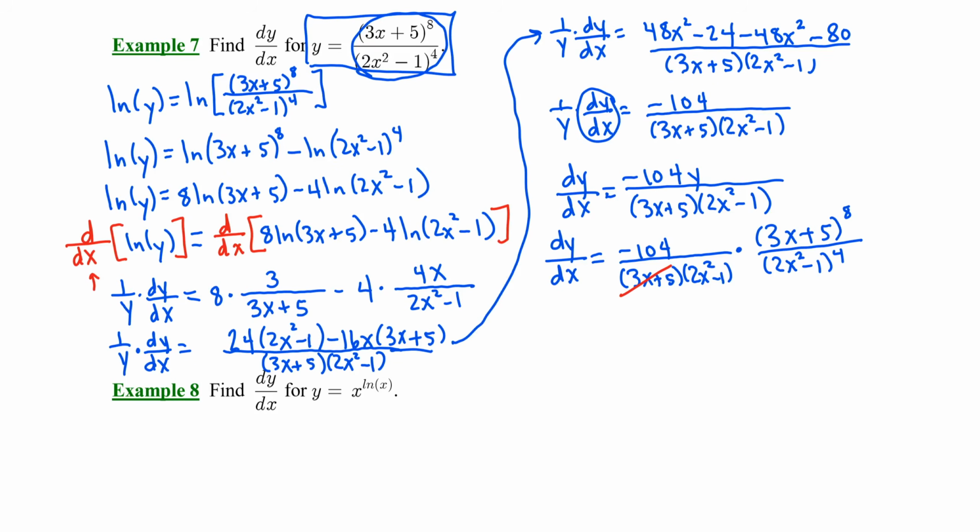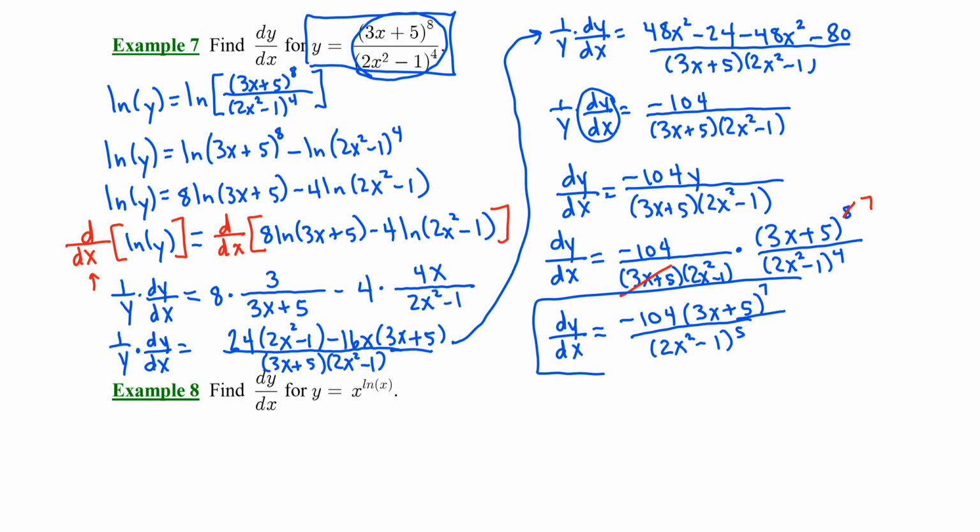One of the 3x plus 5s will cancel to make that an exponent of 7. We can combine powers of 2x squared minus 1 in the denominator. And we will obtain dy over dx equals negative 104 times 3x plus 5 to the 7th divided by 2x squared minus 1 to the 5th.